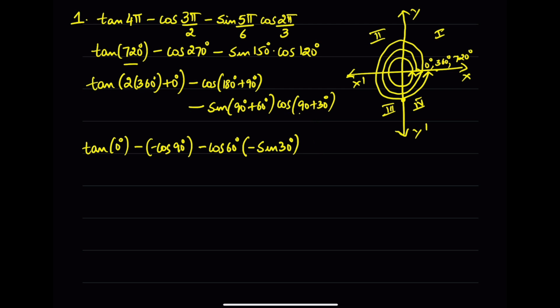So this would change to cos of pi by 2 plus x would be minus sine x. Okay, now tan 0 is equal to 0, and cos 0 is also 0, minus cos 60 is 1 by 2, sorry for that, 1 by 2, minus sine 30 is 1 by 2, but there is a negative sign. So the answer would be 1 by 4.